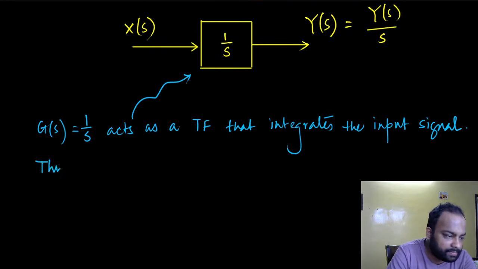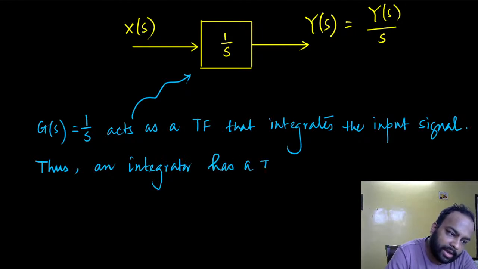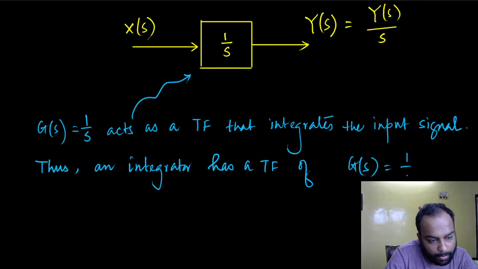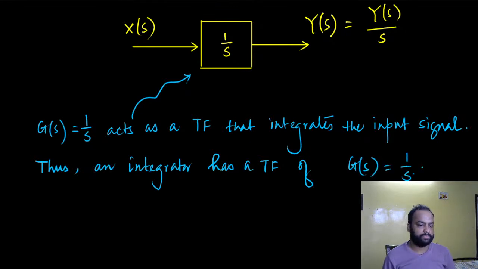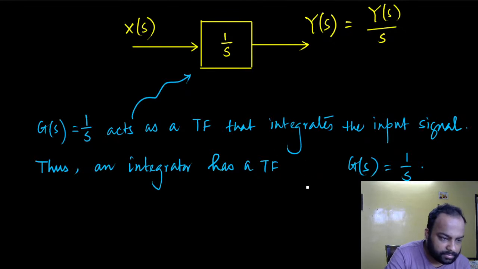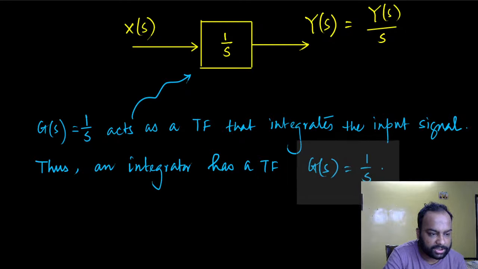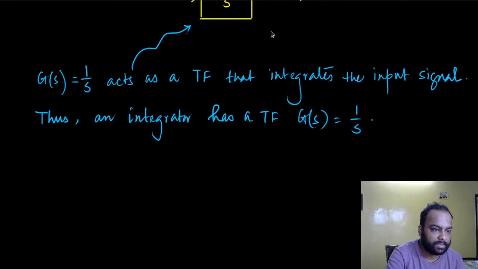Thus, an integrator, a system that can integrate a signal, has a transfer function of G(s) equal to 1 by s. So the transfer function of an integrator is 1 by s.